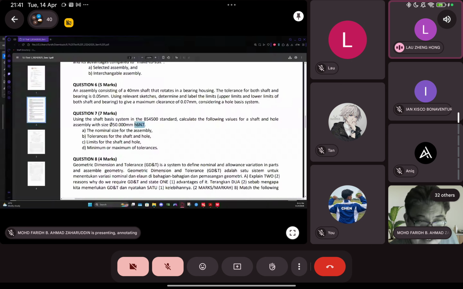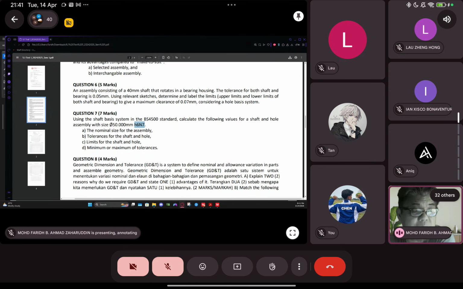Why? Because the upper deviation is 0. Because this is a shaft basis system. Yes, good answer. So when it is a shaft basis system, the nominal size and basic size is similar to the exact size. So it's 50 mm. This will be the upper limit of shaft.